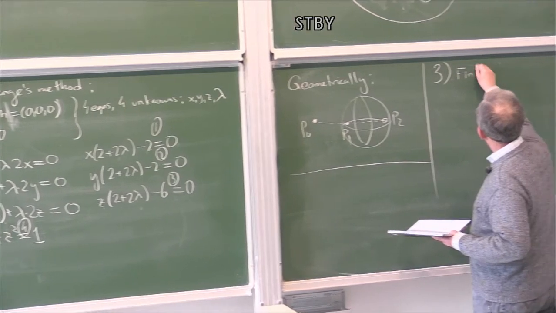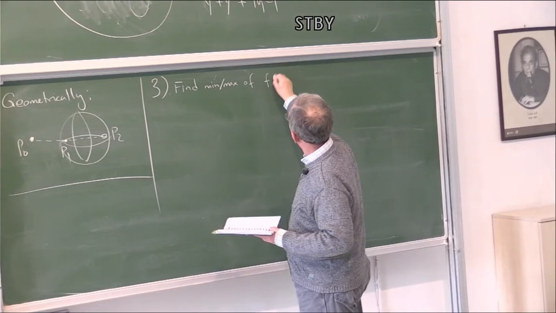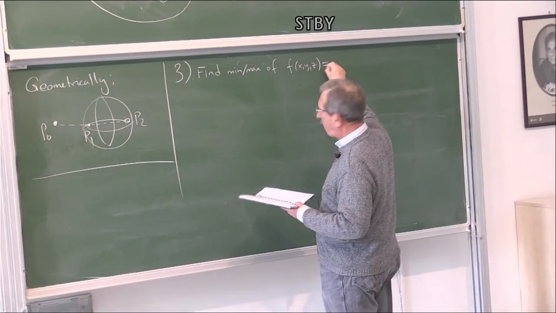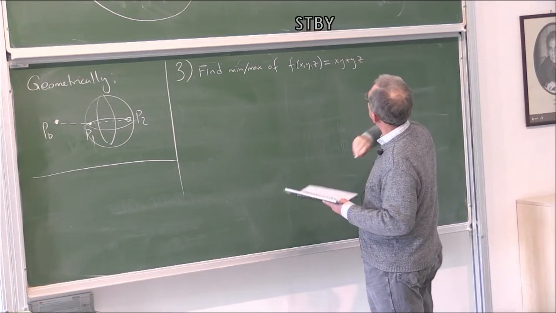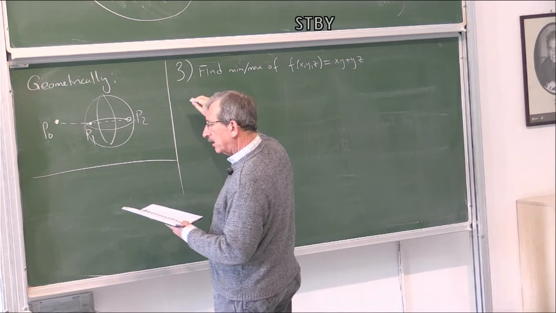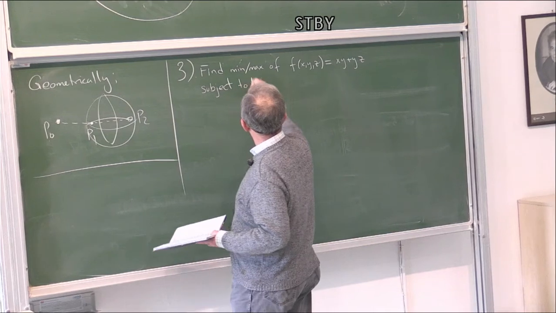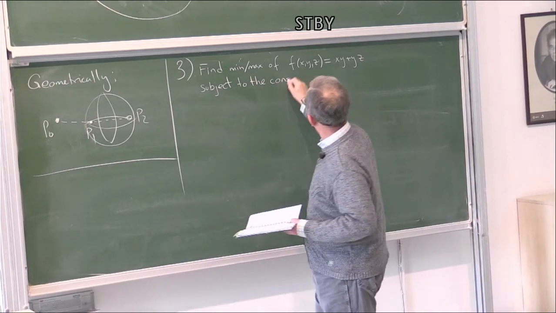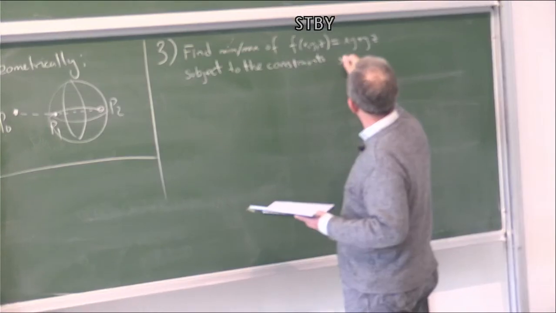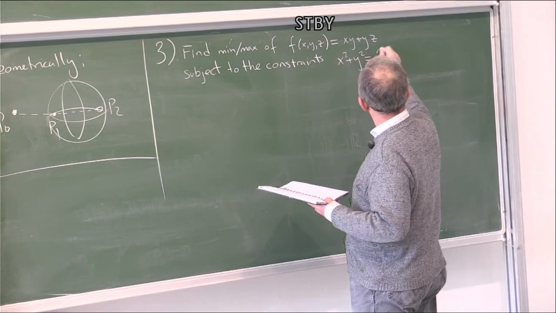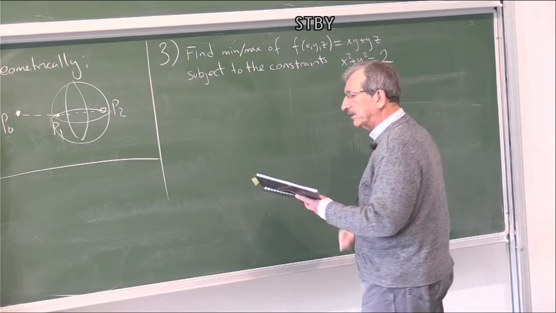The question is, find the minimum and maximum of f(x, y, z), which is xy plus yz, subject to the constraints x squared plus y squared is 2, and yz is 2.